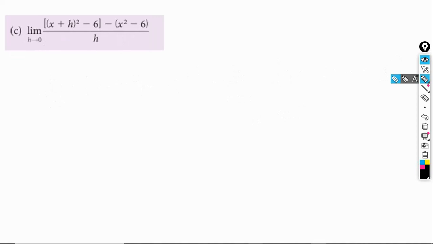So here we are now on part C. And this is the limit they ask us to find, and this is as h tends to 0. Now, but notice we can't really plug in 0 because if we plug in 0 here, then this would become undefined. So what we need to do is to expand and see if we can simplify this expression. So let's rewrite this as limit as h approaches 0 of this expression.